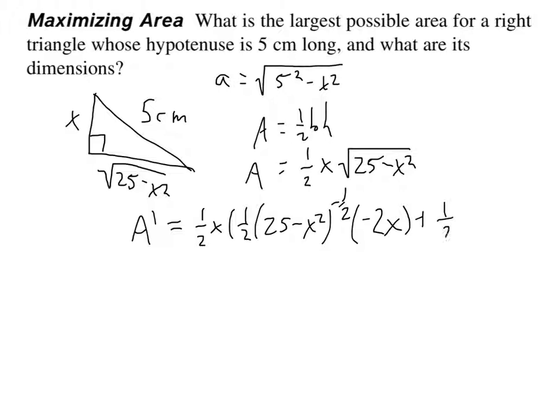which will be just 1/2. 1/2 x is just 1/2, times the square root of 25 minus x squared.